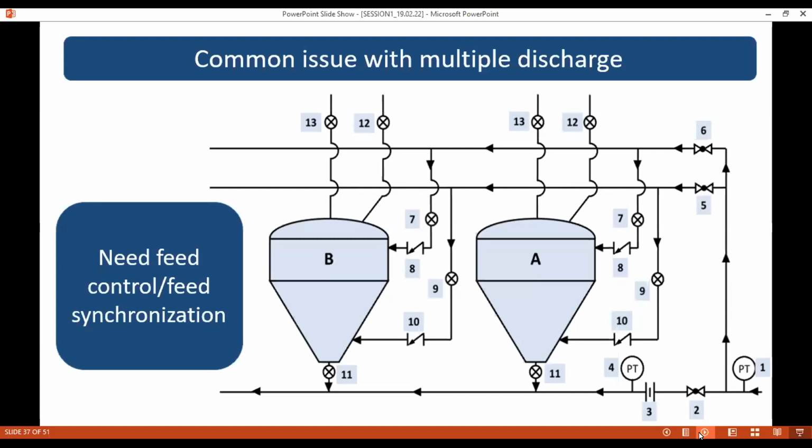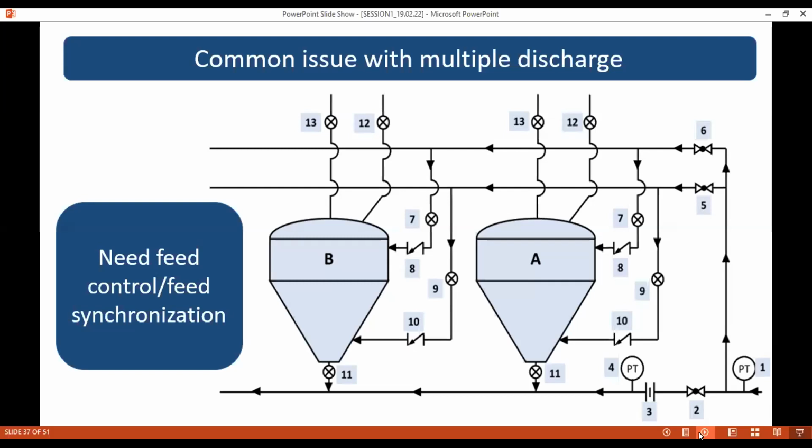Now, typically what happens when you have multiple blow tanks, let us say 5 blow tanks, 4 blow tanks, all discharging simultaneously in a pipe. Let us say you have a 10-inch pipe or a 12-inch pipe, and every blow tank has a size of say 8-inch. So if you have 4 of those blow tanks, you might be actually feeding about 150 to 180 tons per hour of ash if it is very free flowing ash.